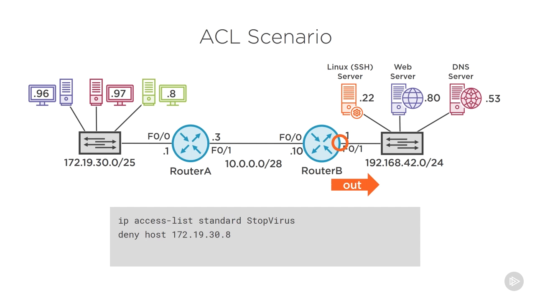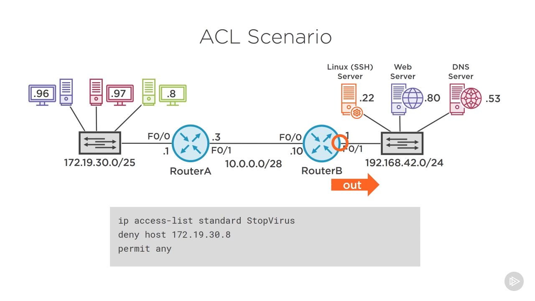And then the second line of the access list that's not written there is deny everything else. So effectively what we've done is we've set an access control list in F01 that says don't allow any traffic in at all. So we're going to have to add a permit any statement to the last line of our access list in order to allow the rest of the traffic to get through to our Linux, web and DNS server.